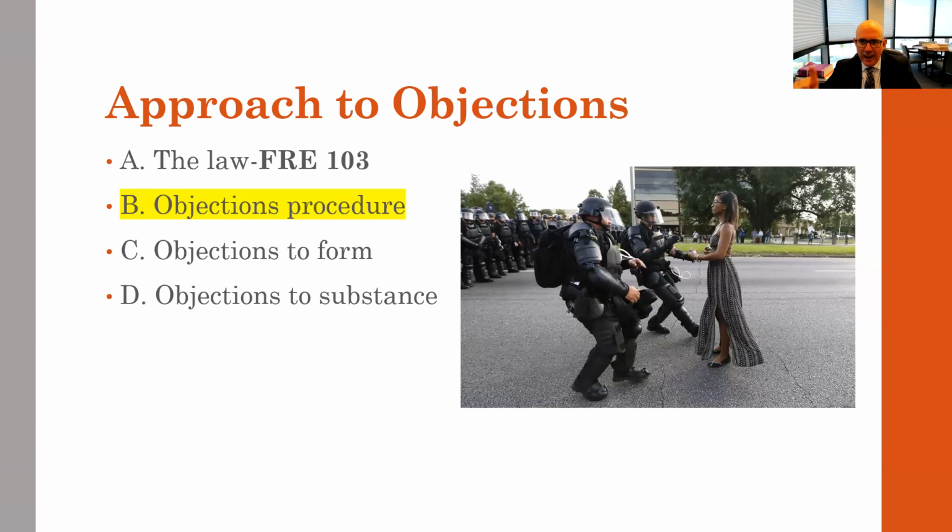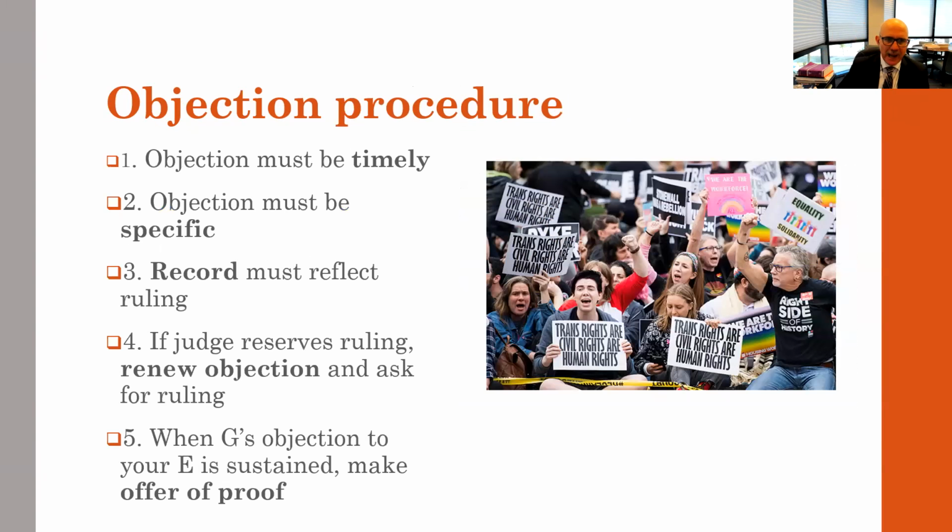Now, let's shift gears and look at the procedure for objecting to evidence. Just to rehash some of the things I said before, an objection has to be timely, an objection has to be specific, and the record has to reflect the ruling.